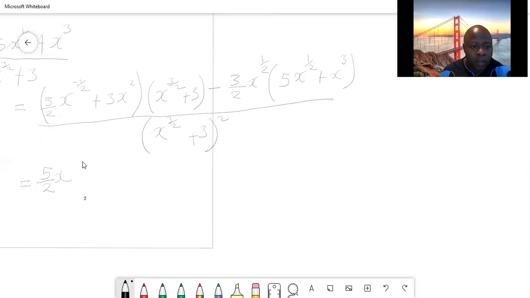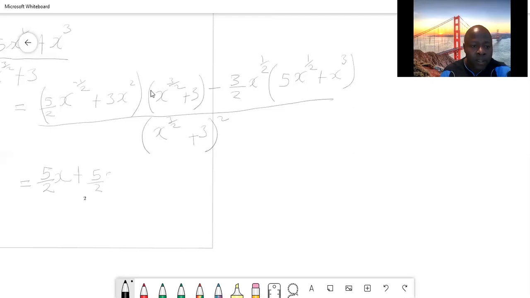Then this times that gives us 5 over 2. Then we put the power in the denominator, so that I have positive powers.